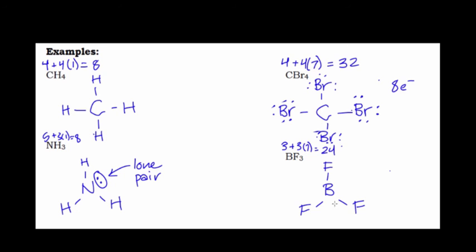So we'll do 2, 4, 6, 8, 10, 12, 14, 16, 18, 20, 22, 24. And boron doesn't have an octet. He's only got 6, but that's okay. Boron's okay with that because he's a really, really small atom.